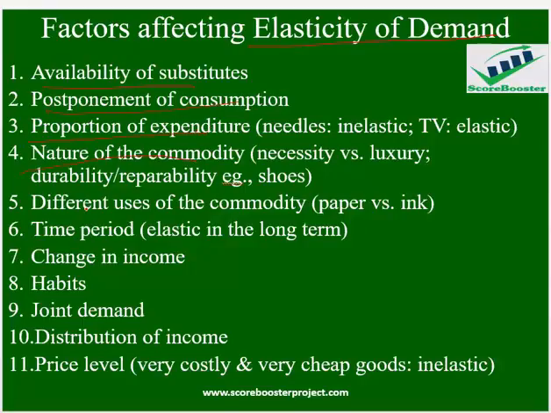Nature of commodity, the different uses of a commodity, time period, the change in income, your habit, joint demand, your income distribution, and the price level. So these are factors you can explain whenever the examiner asks you. As I said, we are going to do more of this. I'm just trying to introduce you to this concept.